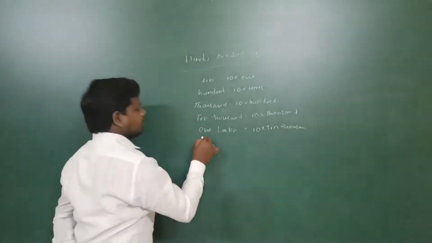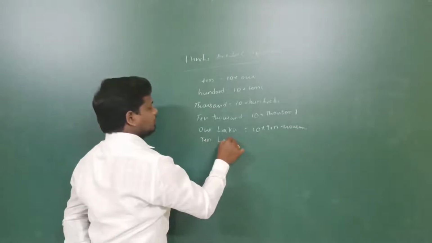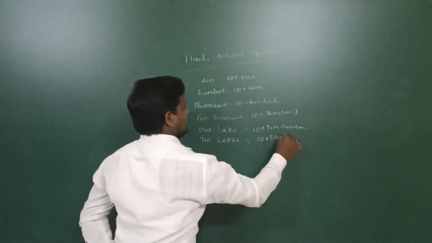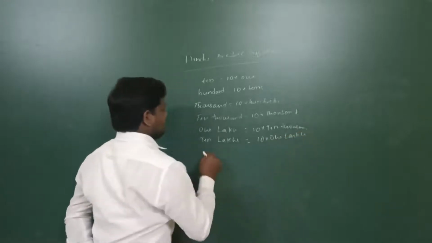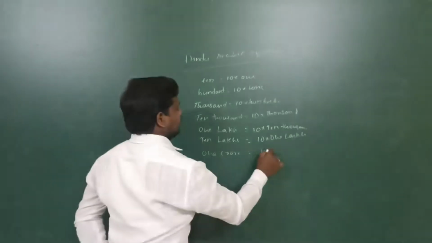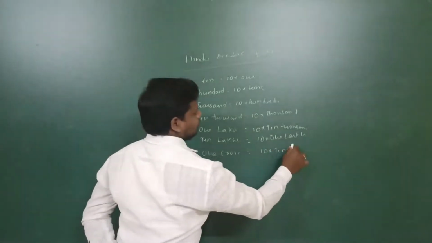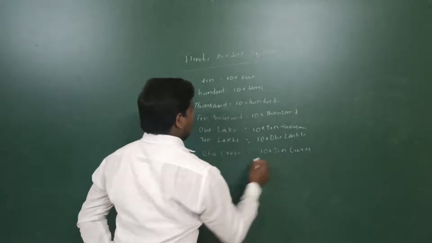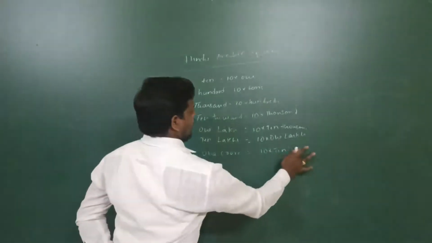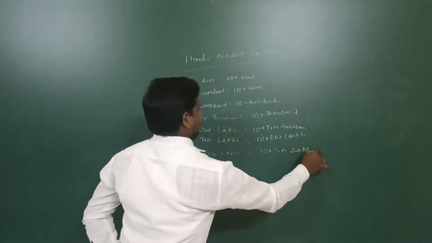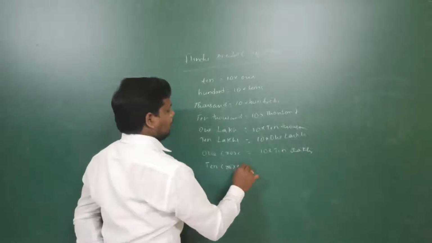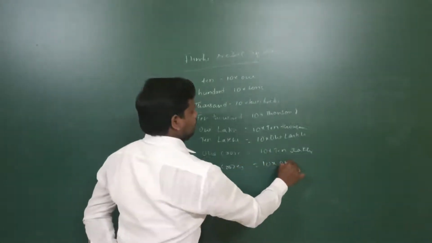Okay, next 10 lakhs equals 10 into 1 lakh, and 1 crore equals 10 into 10 lakhs. Next one, 10 crores equals 10 into 1 crore.